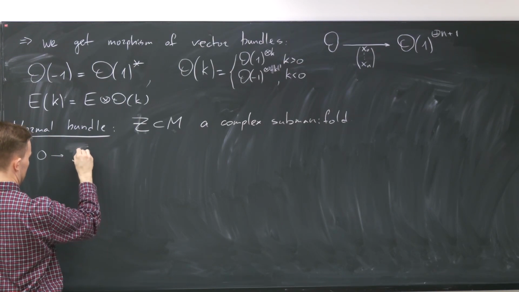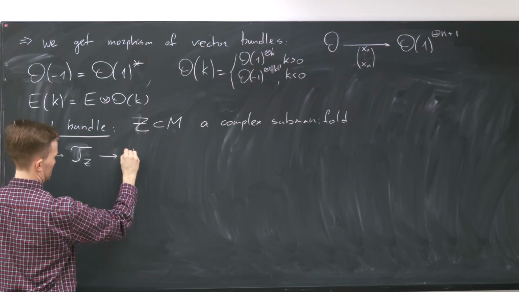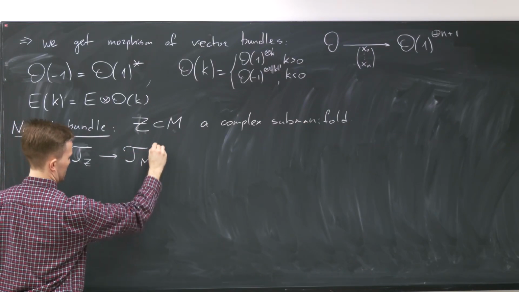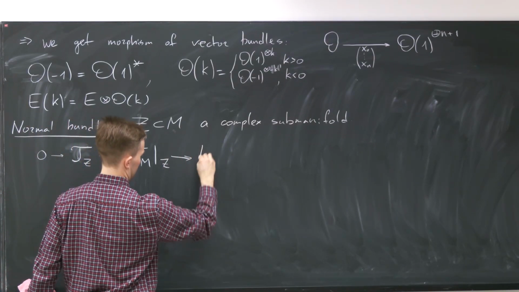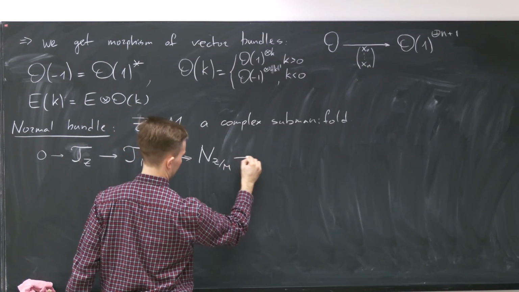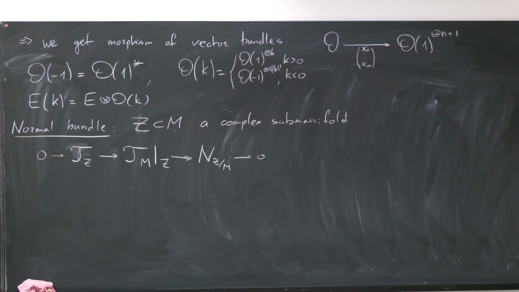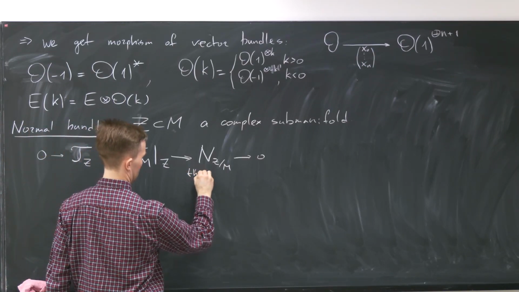Let me write these sheaves of holomorphic sections here: TM restricted to Z, and the quotient is by definition the normal bundle of Z in M. So this is the normal bundle.